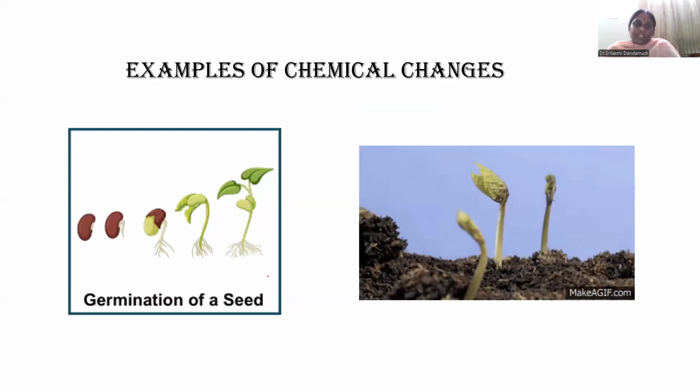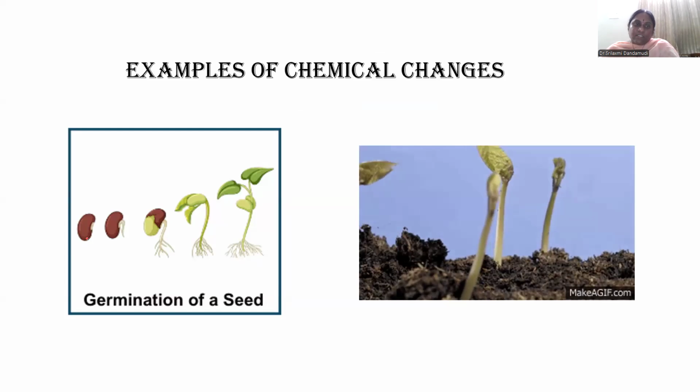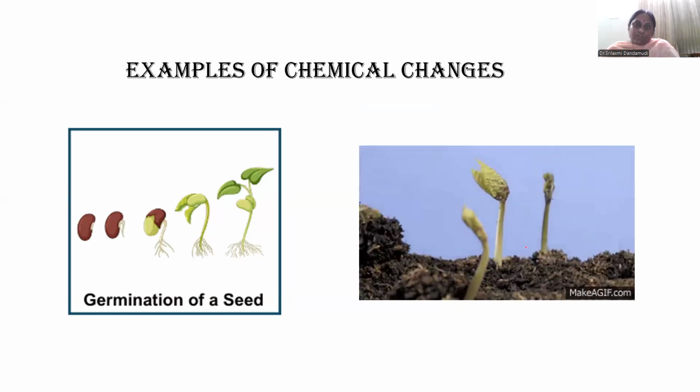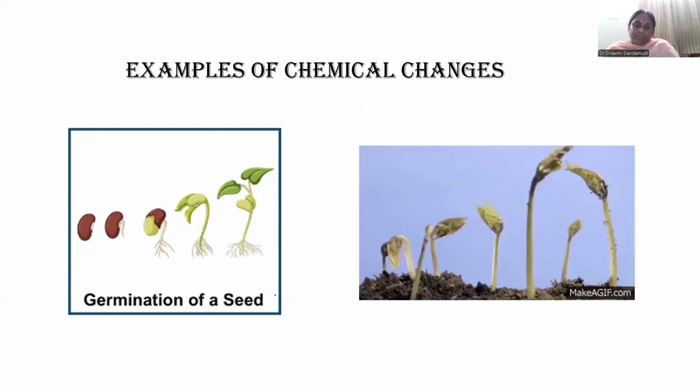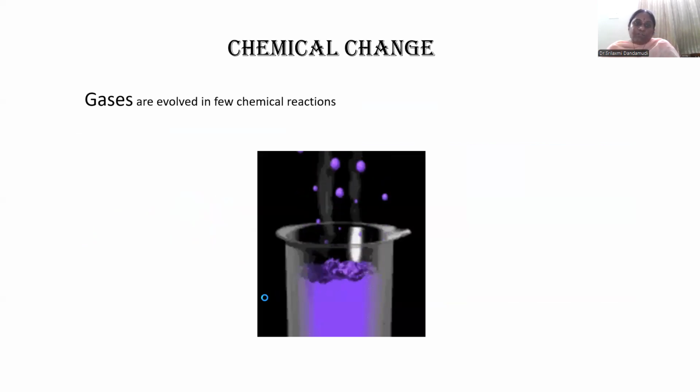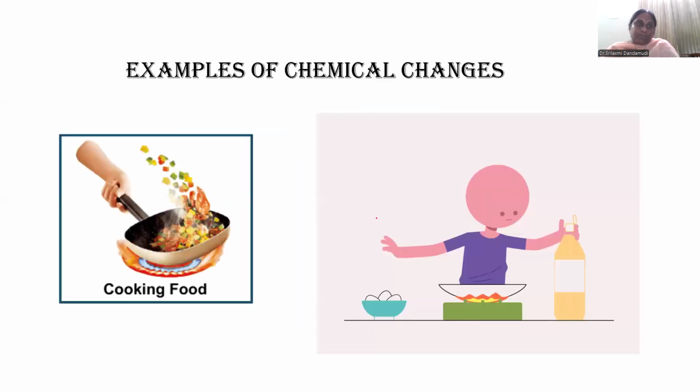Another example is germination of seeds. The seed is converted to a small plant. This phenomenon is also a chemical change. In a few chemical reactions, some gases are evolved. So during the chemical reaction, some gases are evolved. This is a small animation regarding the evolution of gases in a chemical reaction.